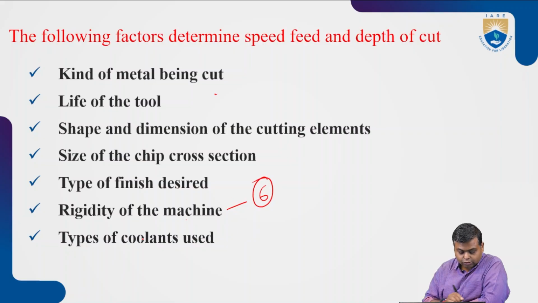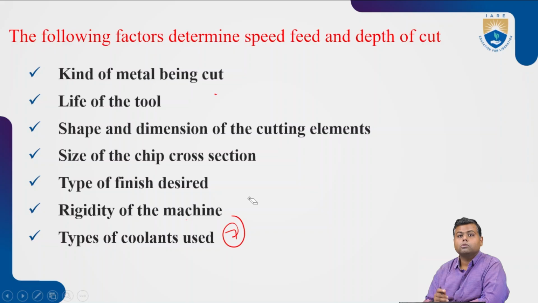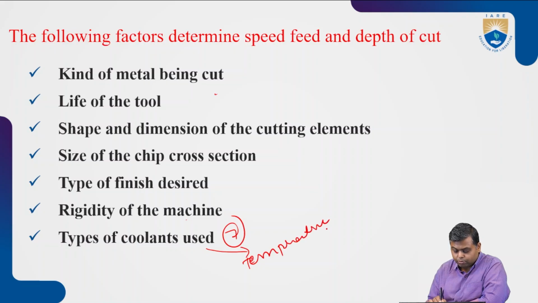Next, the last one, point number 7, stands for the type of coolant used. Coolants are used for reducing friction, and also to control the temperature produced in zone 1, zone 2 as well as zone 3.